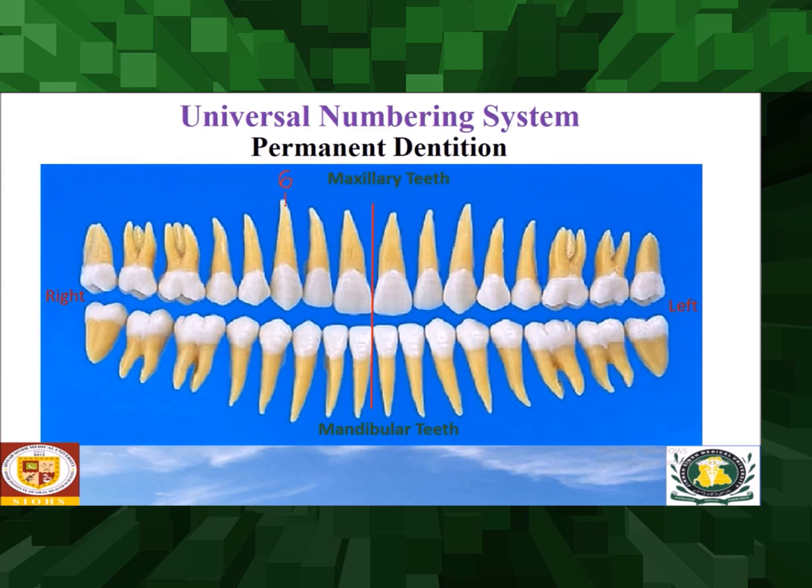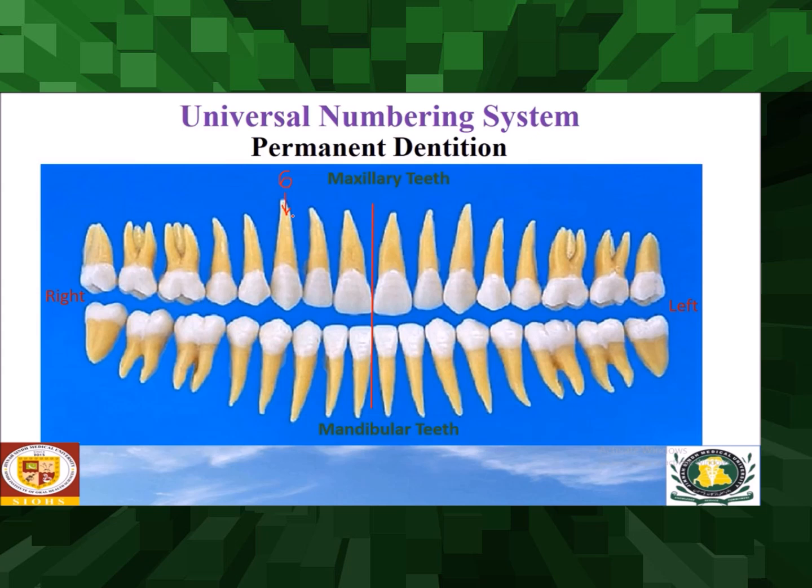Because the numbers start from 1, 2, 3, first molar, 4 for the second premolar, 5 for the maxillary first premolar, and 6 for the canine on the right side.